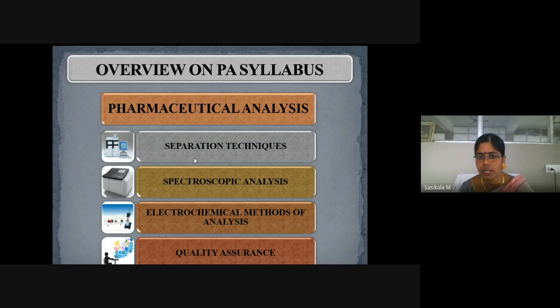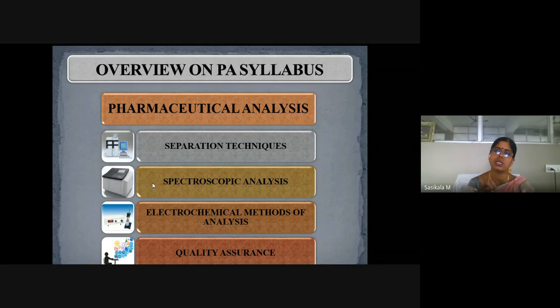And next, about spectroscopic analysis using different spectrophotometers. This is the UV visible spectrophotometer which is available in our campus. The name is derived as spectroscopy because we will be using radiation for analyzing your sample, and by applying radiation we can determine the characteristics of the drug molecule, what chemical structure it has.